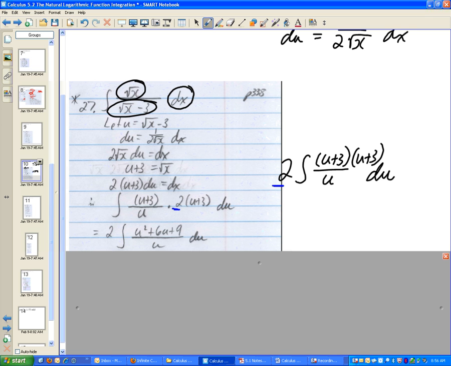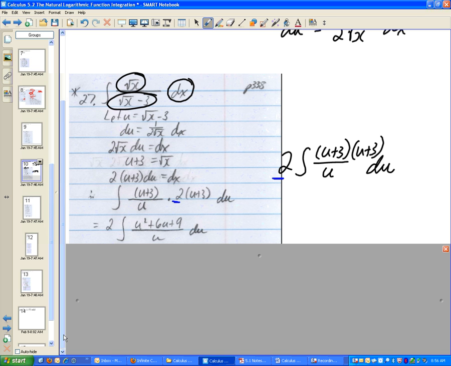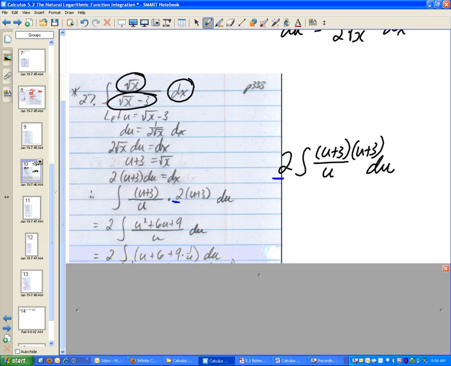Denominator is still u. Now what do I want to try? Starts with a D. Division. Yeah, let's not differentiate. Kind of defeats the purpose. All right, u squared. Divide.